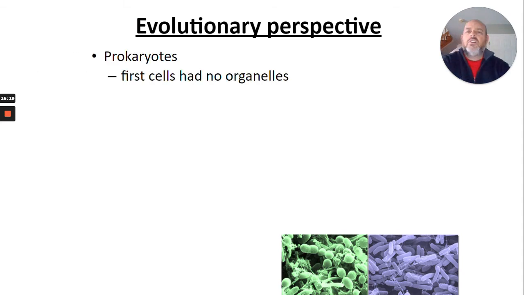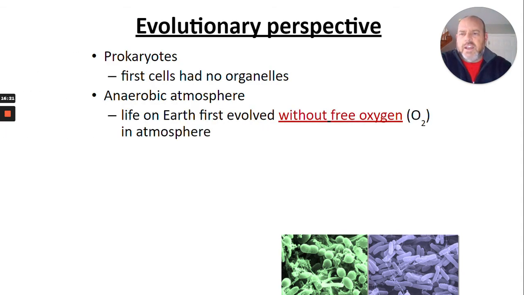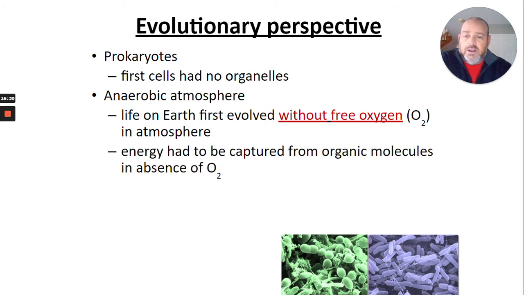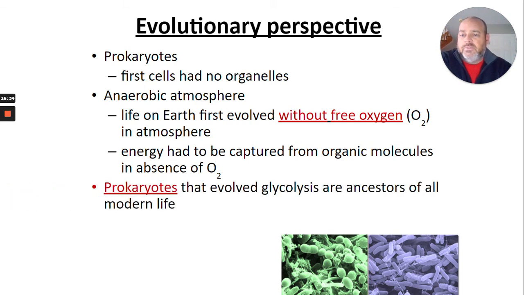Evolutionary perspective, how long has this been going on, and how does it work? Well, prokaryotes were the first cells, right? No organelles, anaerobic atmosphere, so life was oxygen free for a while, and so energy had to be captured from organic molecules in the absence of O2. Prokaryotes evolved glycolysis, and they are ancestors of all modern life.